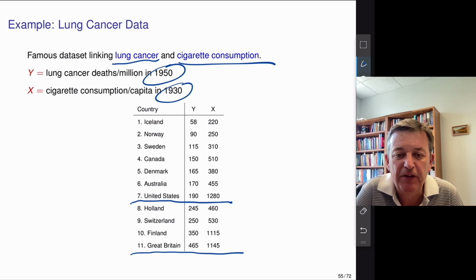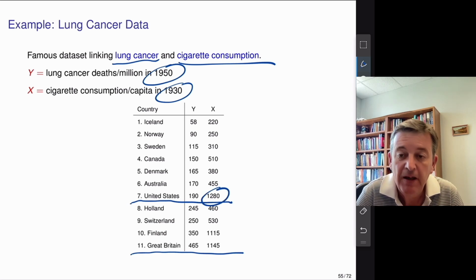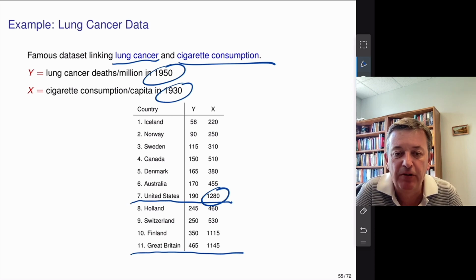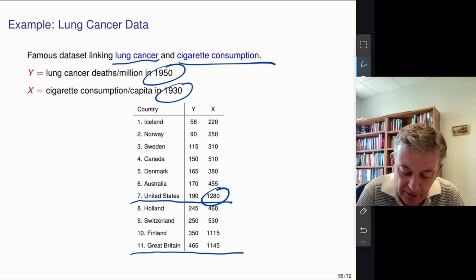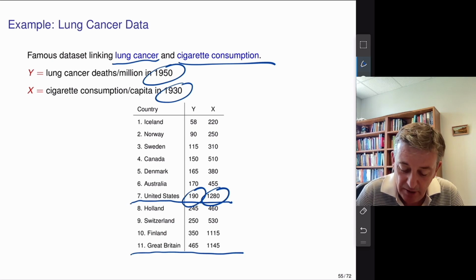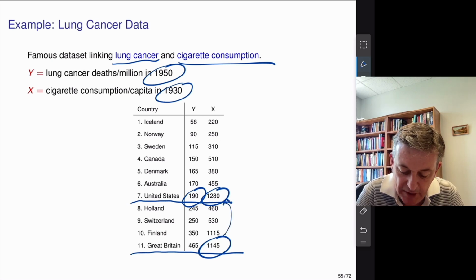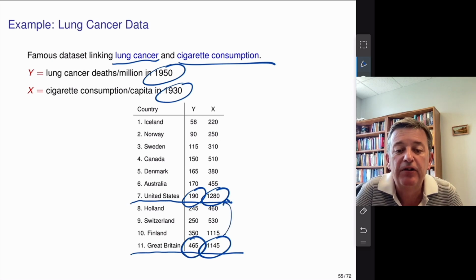And I find this an interesting data set that in the 1930s there was a lot of cigarette consumption in the US, but 20 years later they really didn't pay the price of many deaths from lung cancer, whereas the British did their very best to consume as much as the US in terms of cigarette consumption, but dearly paid for it in terms of lung cancer deaths in the 1950s.